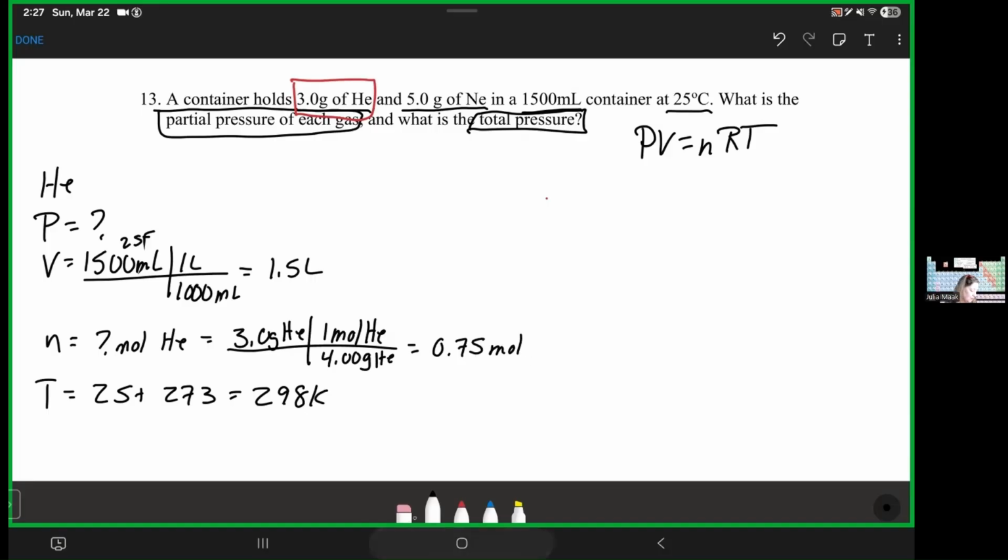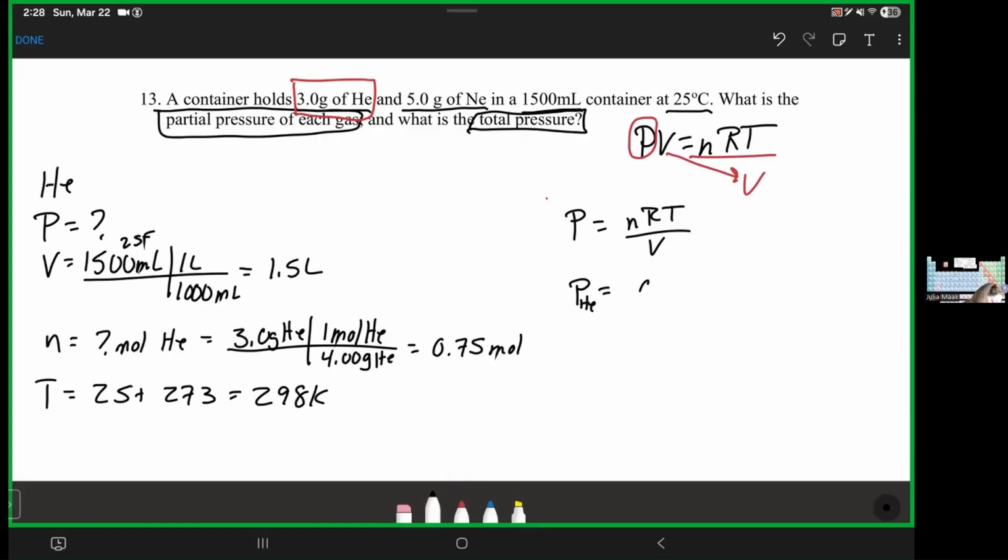Okay, so I can solve this gas law problem. We want to know our pressure, so we're going to move the V down to the bottom on the other side. So my pressure is equal to nRT over V. So my pressure of helium, we're working on helium here.